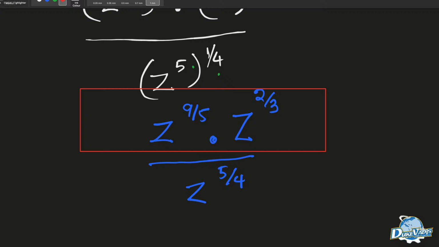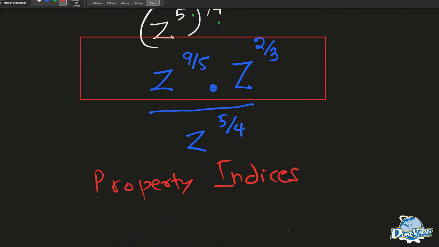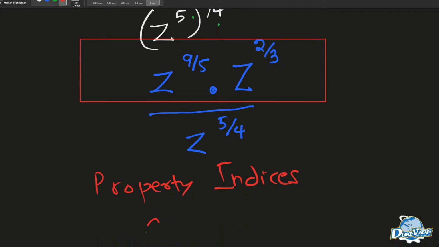We know by the property of indices that if I have a raised to the power x multiplying a raised to the power y, then this can be written as a raised to the power x plus y.